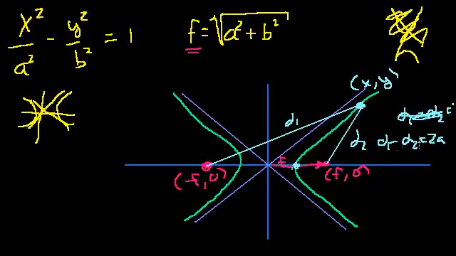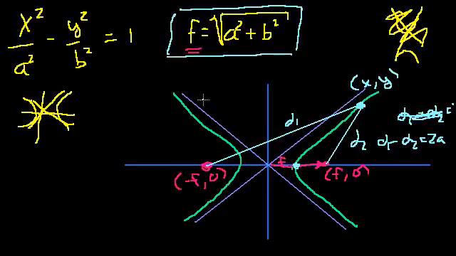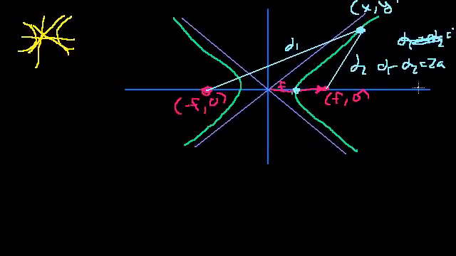So let's use this fact, that d1 minus d2 is equal to 2a, to try to prove this. The first thing to do is figure out what d1 and d2 are, just using the distance formula. So what's d1? d1 is the distance between this point and this point, minus f comma 0.